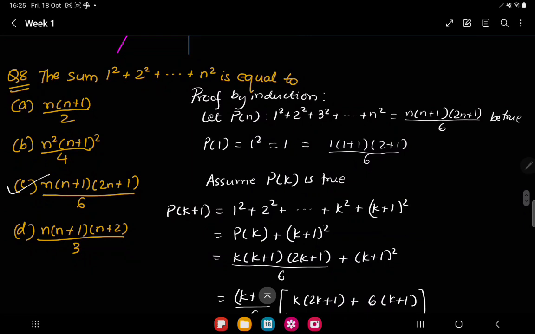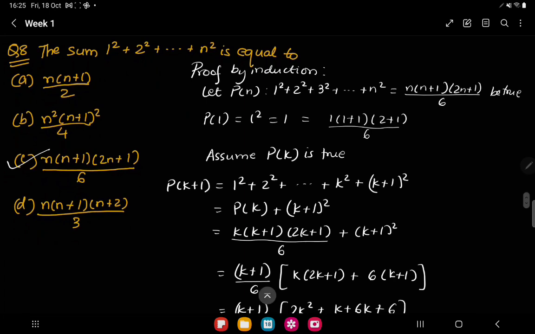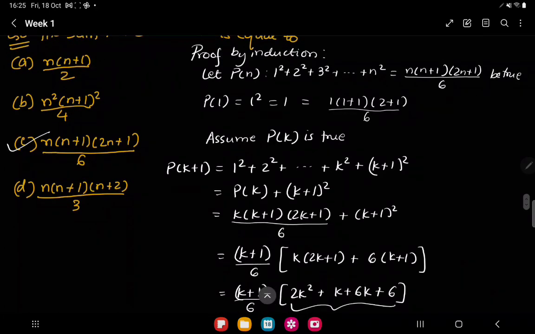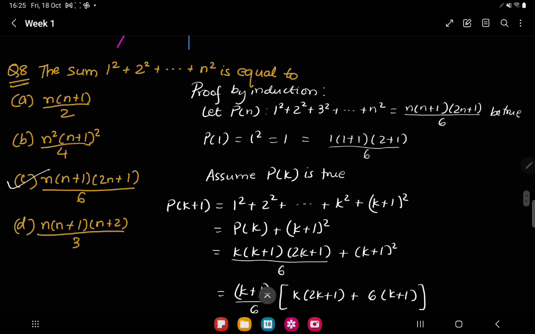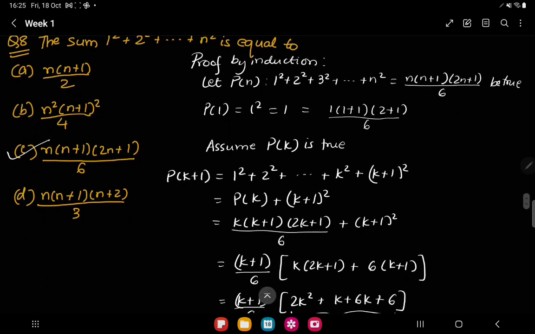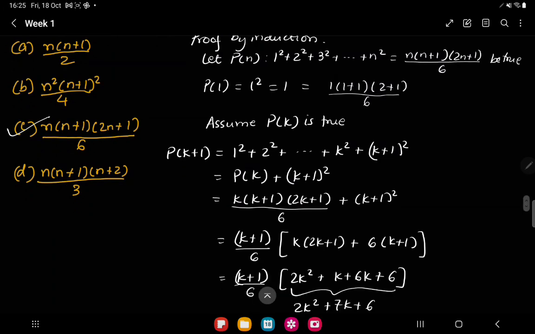Then many a times when you have to show some summations and summation of some series, you can actually use this method of proof by induction, wherein you assume that the given statement is true and then you show it for the value 1, then 2, and then k plus 1.